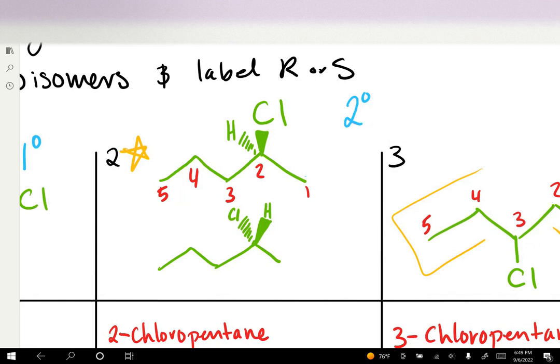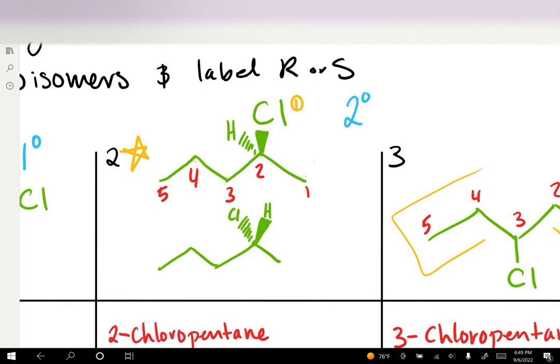So let's number our groups. I'm going to start with this top one. Chlorine is our biggest group here. Next, remember, we're just looking at the groups that are directly attached to this carbon. So carbon 3 and carbon 1 would be equivalent, but then we look to what's connected to them. Carbon 3 is attached to another carbon and 2 hydrogens. Carbon 1 is attached to 3 hydrogens.